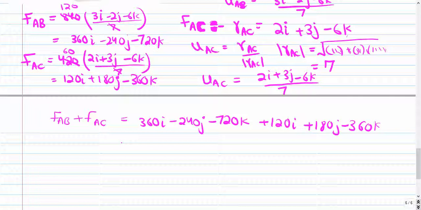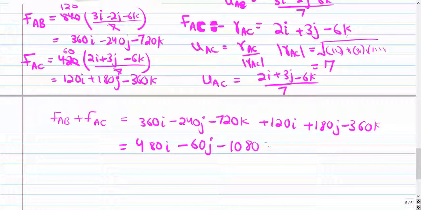Now we can add each i, each j, and each k to each other, and what we end up with is 480i minus 60j minus 1080k. So this is the resultant vector.